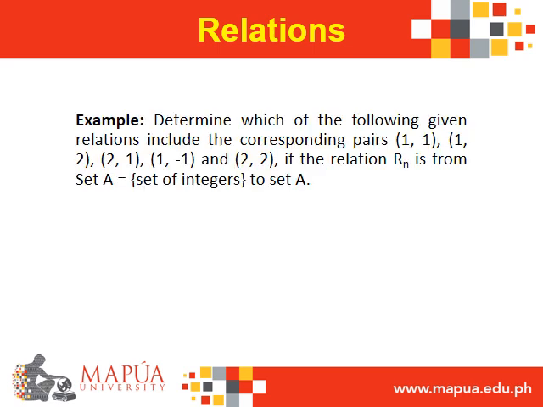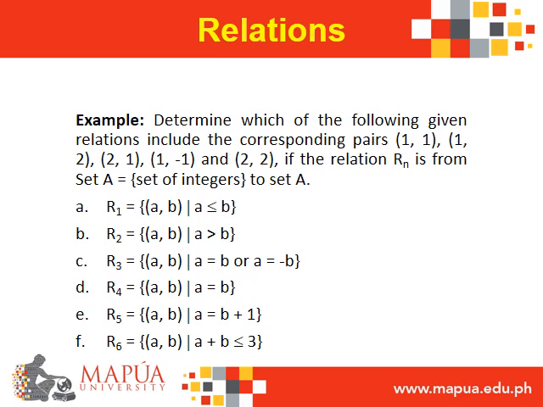In this example, we are asked to determine which of the following given relations include the following ordered pairs: (1,1), (1,2), (2,1), (1,-1), and (2,2), given the following relations from set A to set A. As seen from letter A, your relation R1 comprises ordered pairs whereby the property is a less than or equal to b.